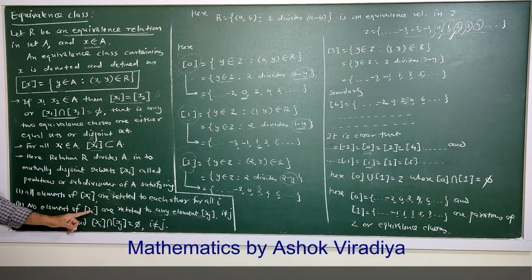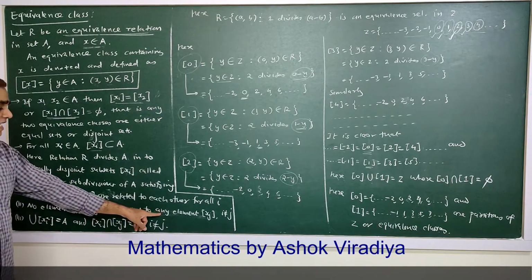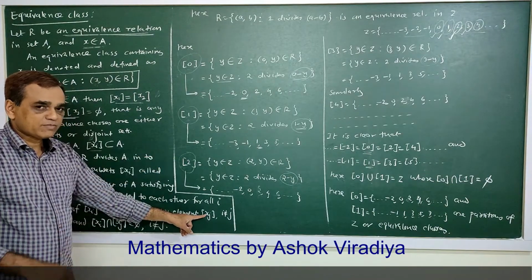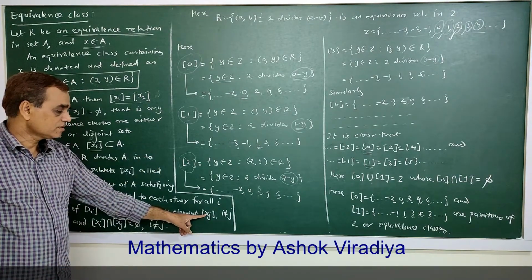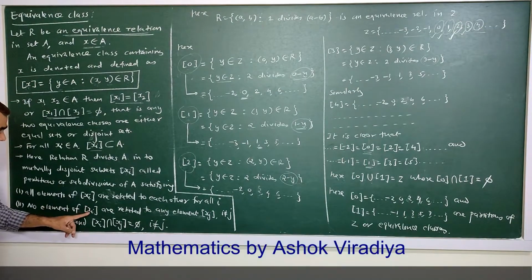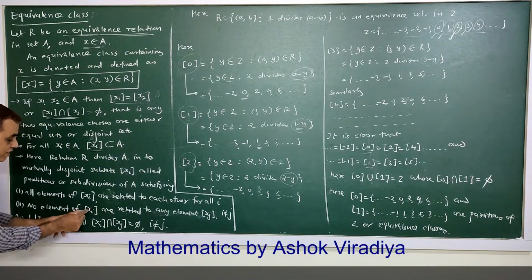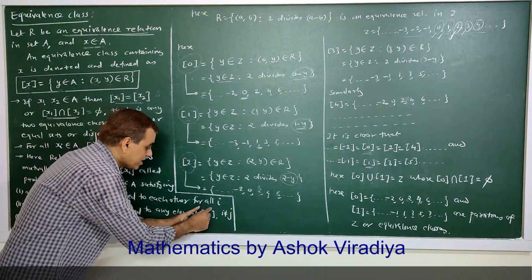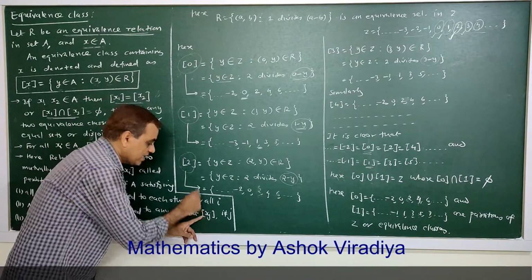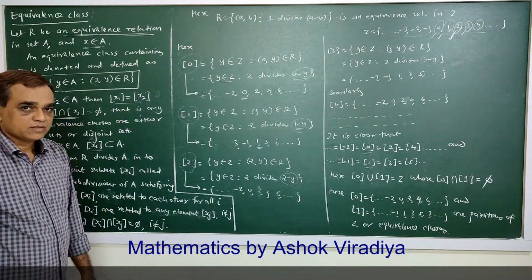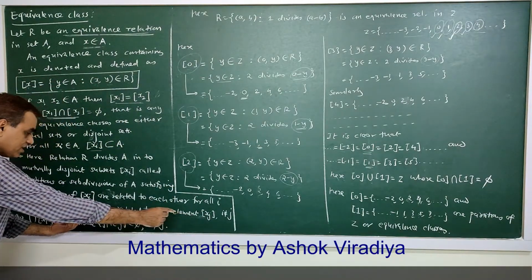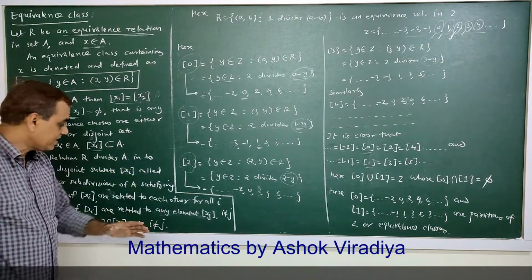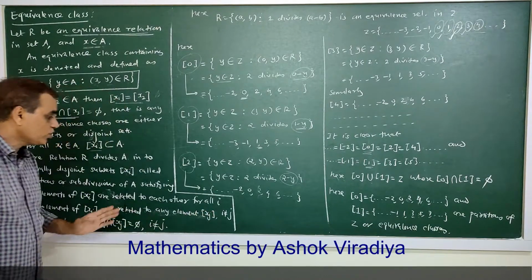No element of Xi is related to any element of Xj. That is the meaning of that explanation. No element of the equivalence class containing 0 is related to any element of the equivalence class containing 1. So if you select elements from different partitions, they are not related to each other.